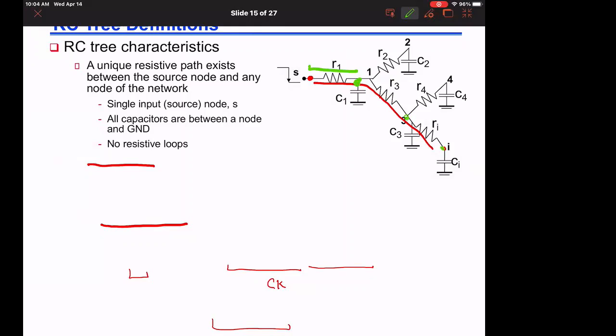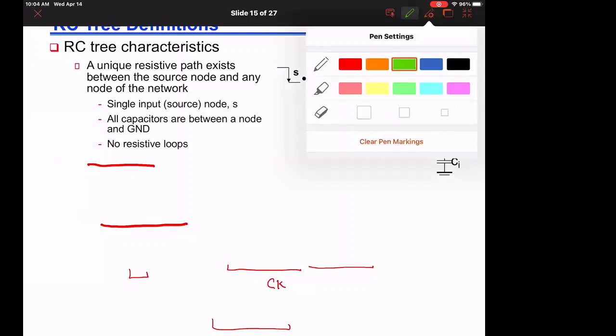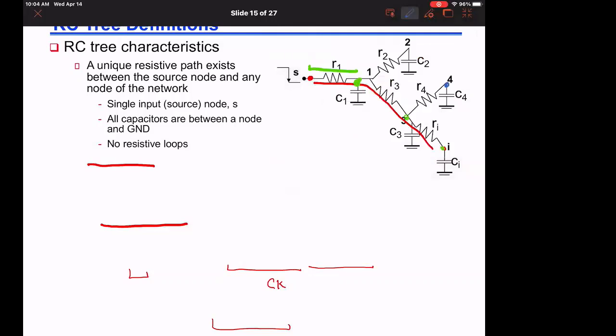And for the off-path capacitor, if I have a capacitor like C4, it is the resistance of the shared path from the input to the output. So if this is the path to the off-path capacitor, meaning for C4 I have R1, R3 and R4 to reach it, I'm really not interested in R4.